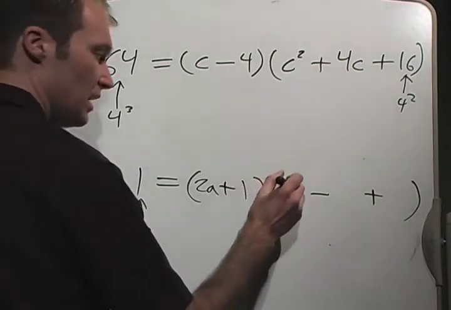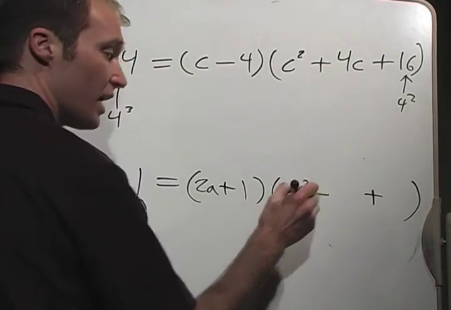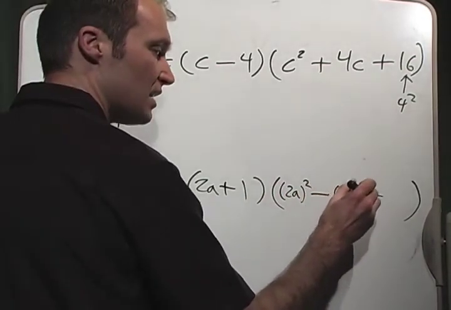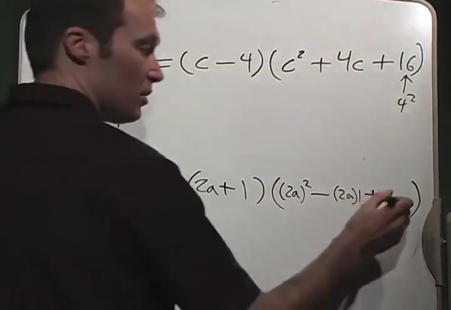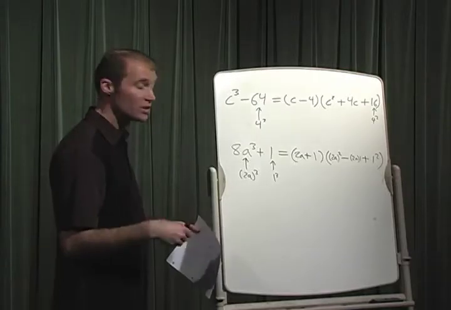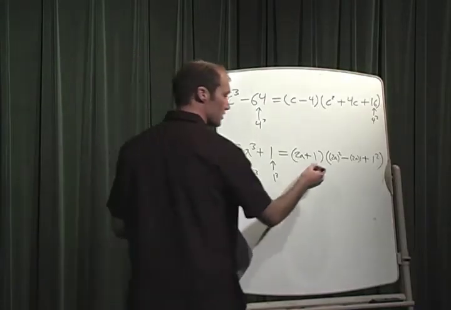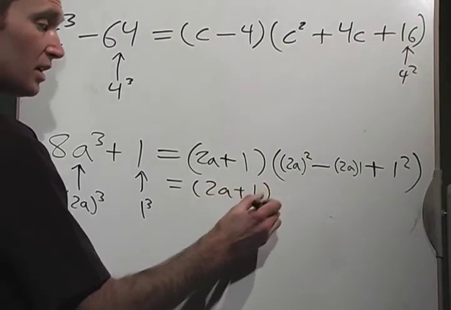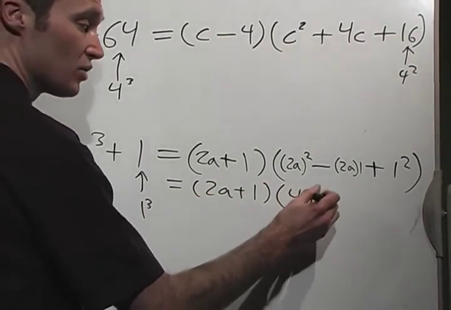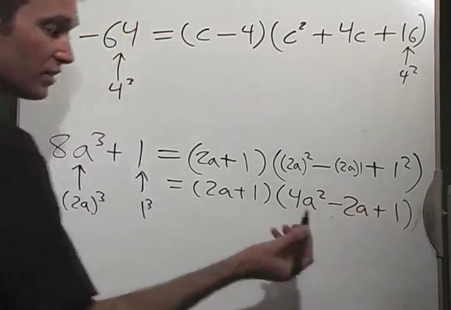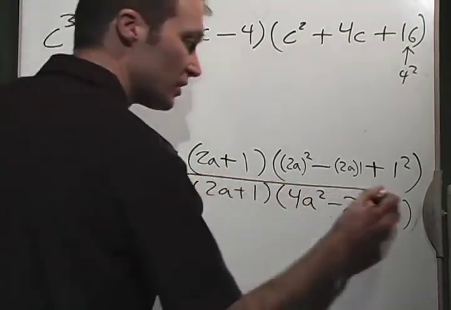So this is going to be 2a squared, notice how it's in parentheses, minus 2a times 1 plus 1 squared. My last step is just to do some simplification. This is going to equal 2a plus 1 times 4a squared minus 2a plus 1. This is going to be my final answer.